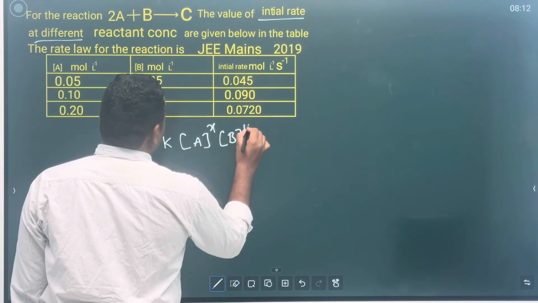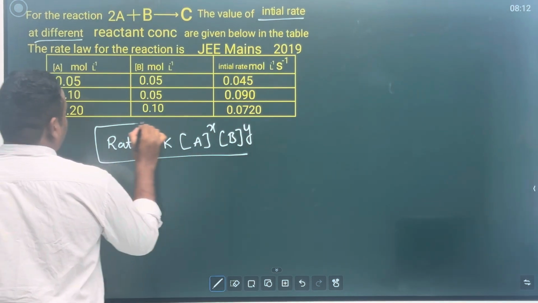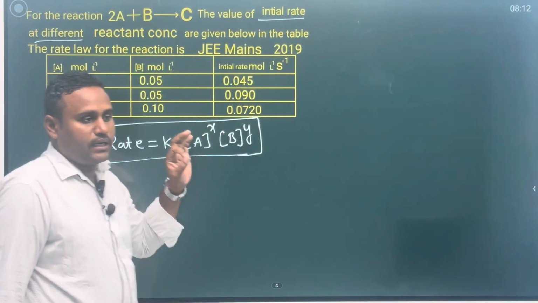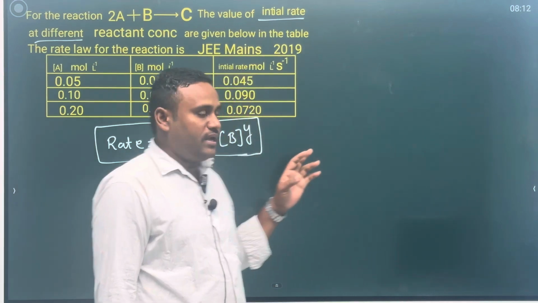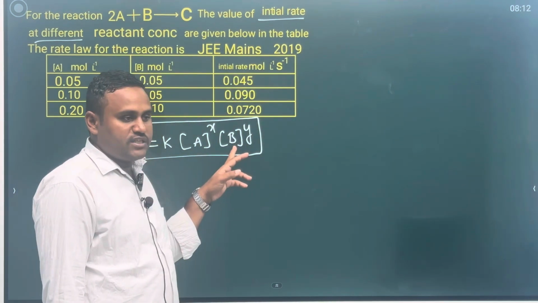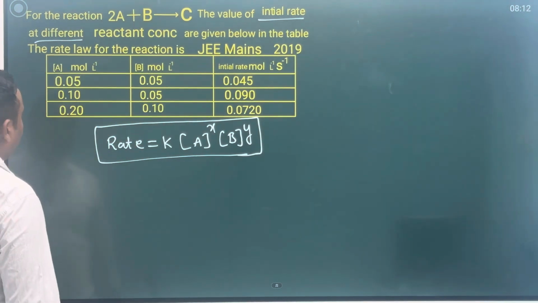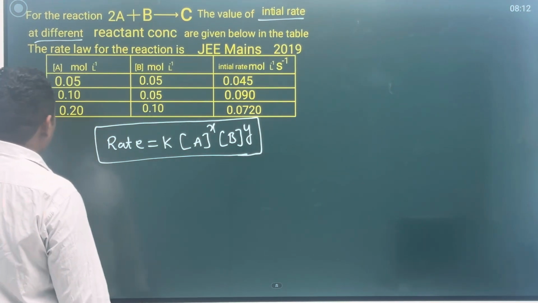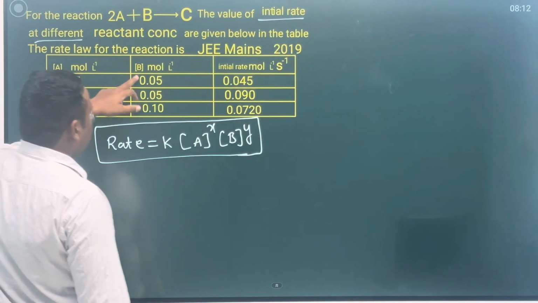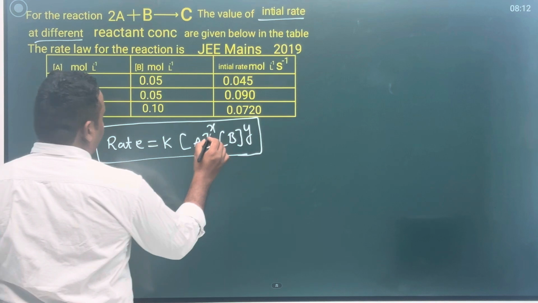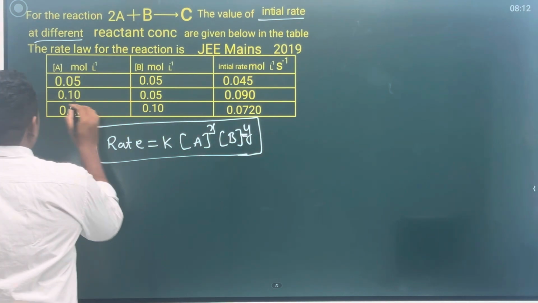This is the rate law, but here we need to find out the x and y values. Indirectly, we need to find the order of reaction with respect to A and with respect to B, and substitute that here. Now you come here, concentration of A, concentration of B, and initial rate are given. So how can we find x and y? First you observe this data.